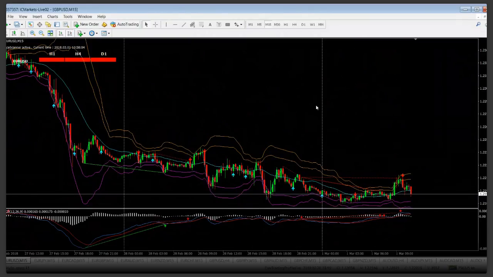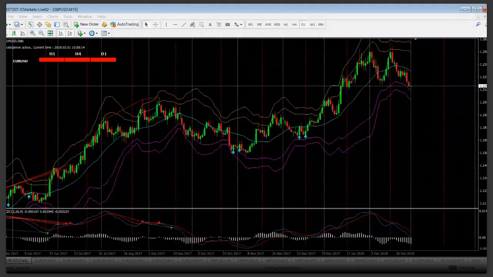Euro USD. What news is happening today, which should speed our moves up. USD JPY buy signal. If you remember, we looked at it a minute ago.